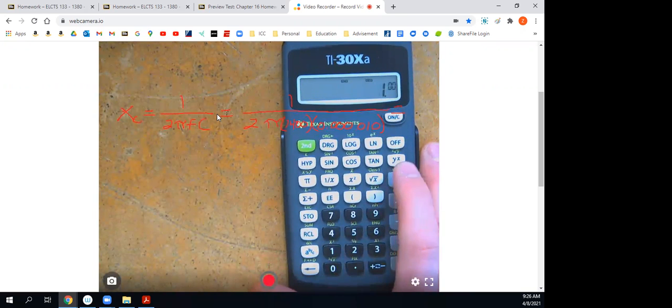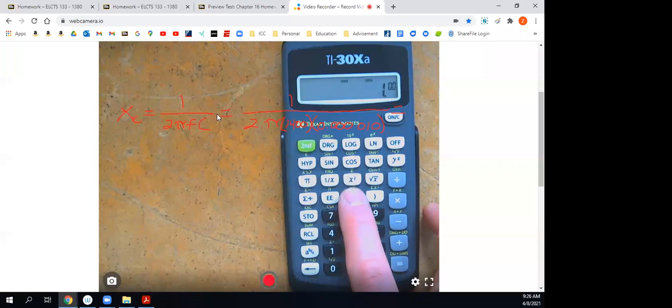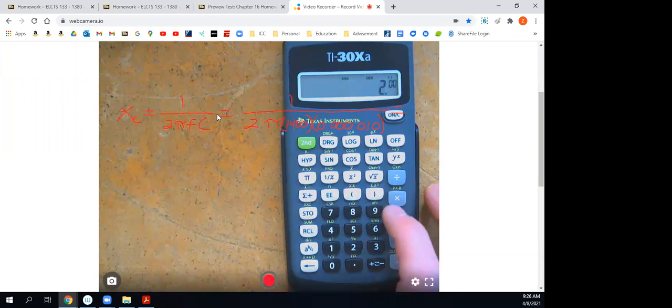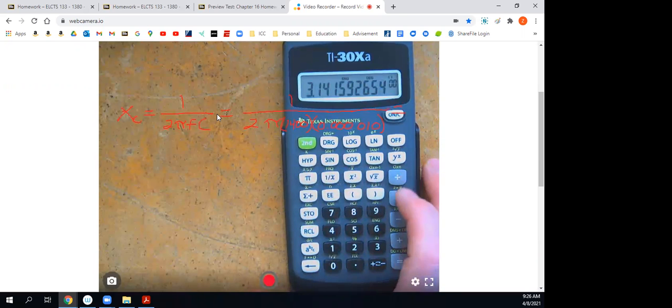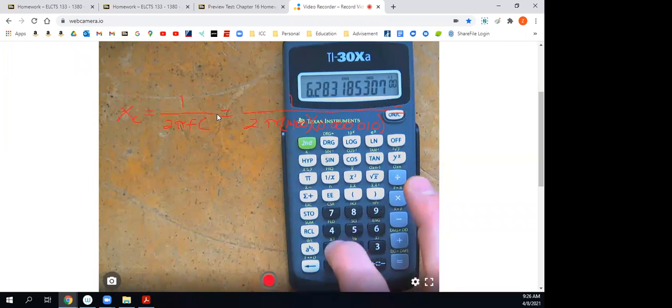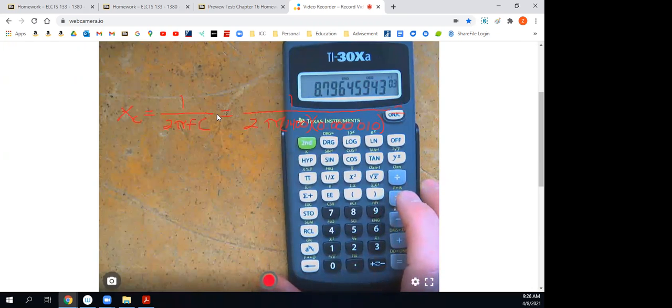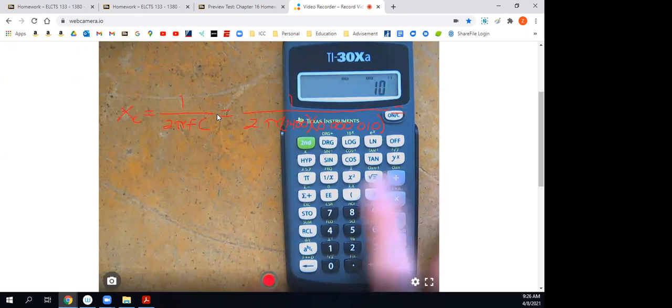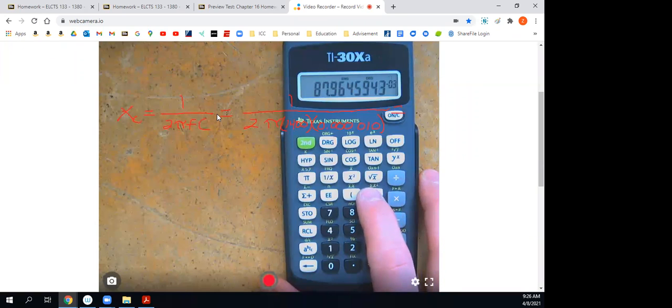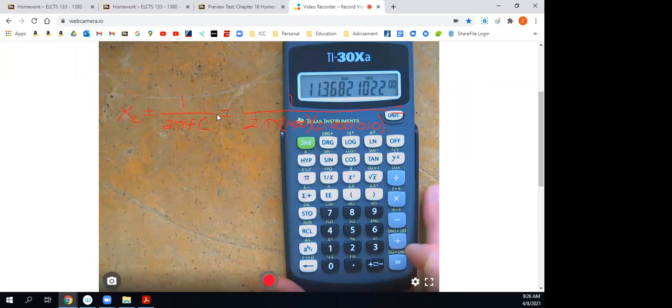1 divided by parentheses 2 times pi times 1400 times 10 e minus 6. Is that right? Then right parentheses, equals.